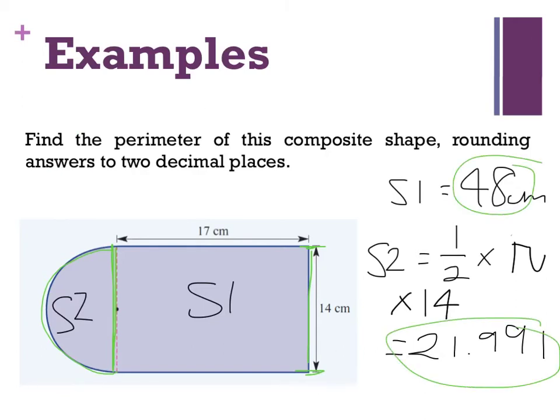When I do that, I get 69.991. Rounded to 2 decimal places, it's 69.99 centimetres. That's the perimeter of the shape, guys. That's how we work it out.